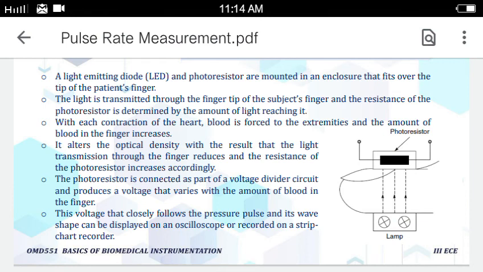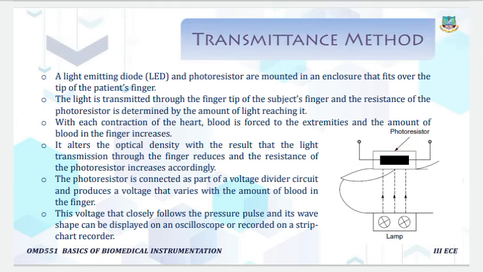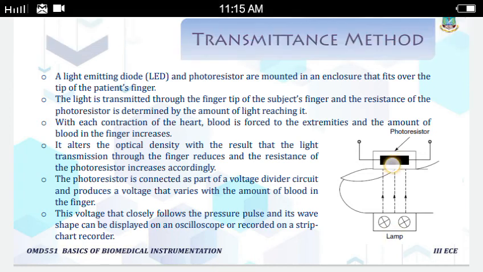It contains a photoresistor. This is an LED and this is the photoresistor. A light emitting diode and the photoresistor are mounted in an enclosure that fits over the tip of the patient's finger.